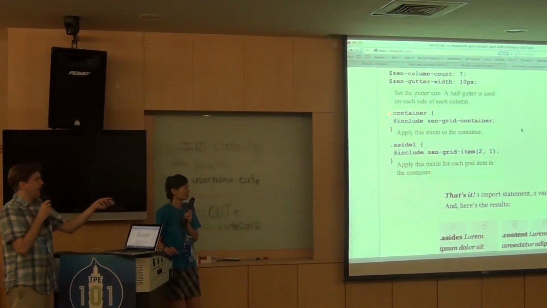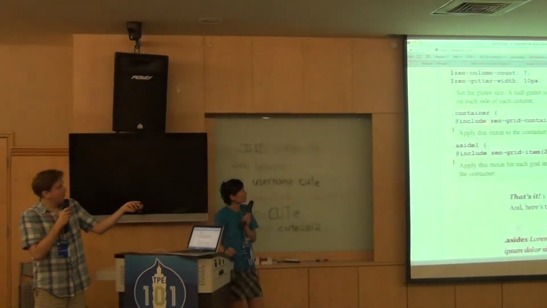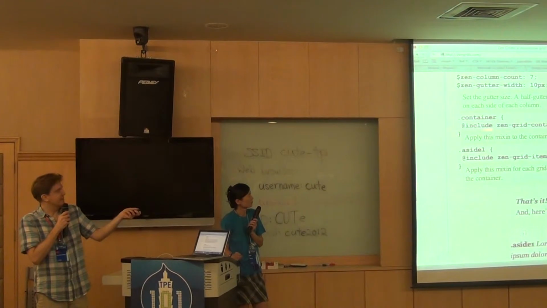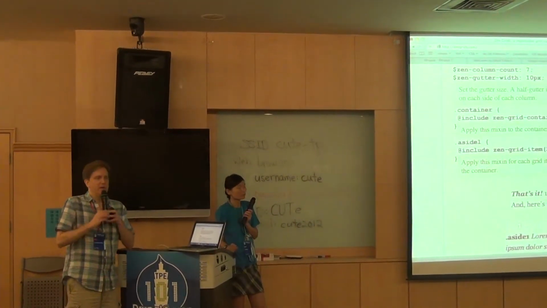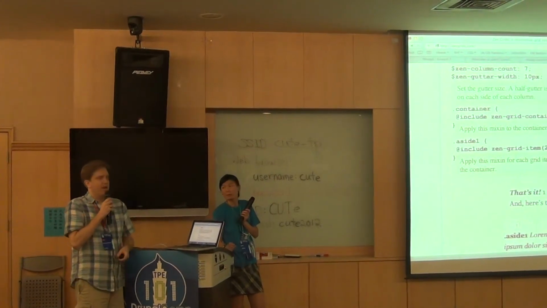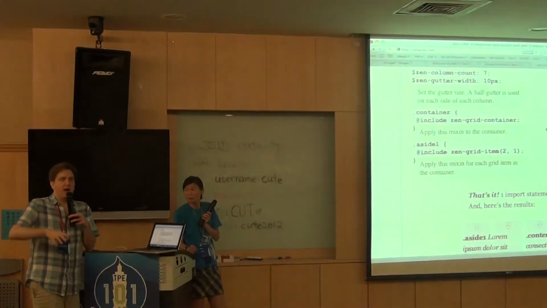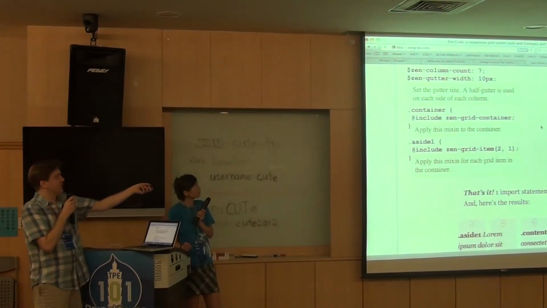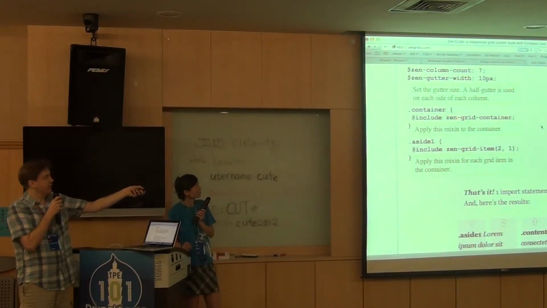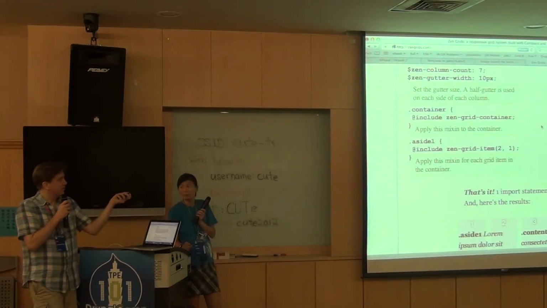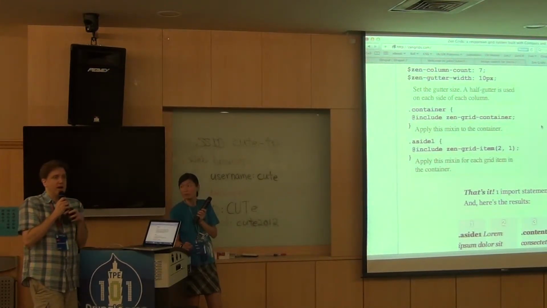And then you remember we had that container element. We have to add a Zen grid container mix-in. Basically, when you say @include something, that says apply this predefined set of CSS to this element. So basically, it's going to add in a couple lines of CSS to this container selector.